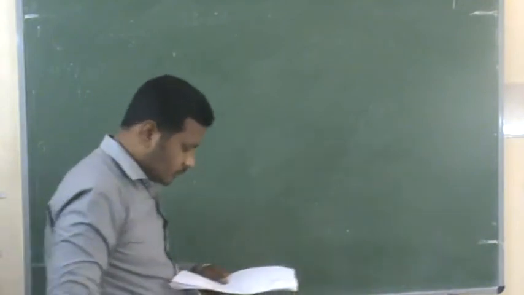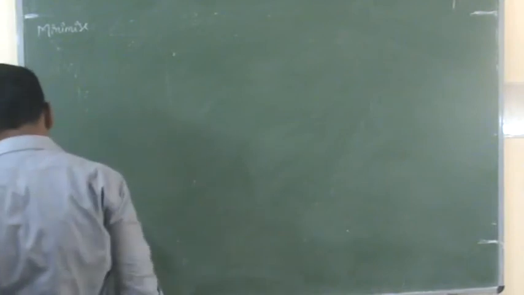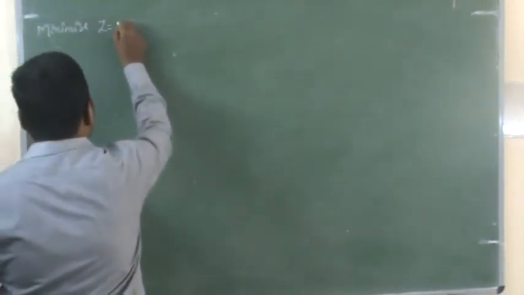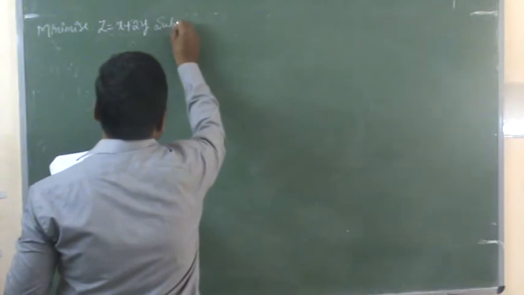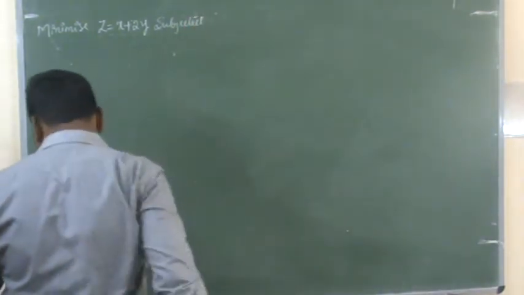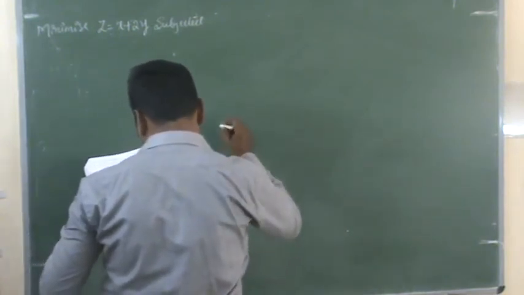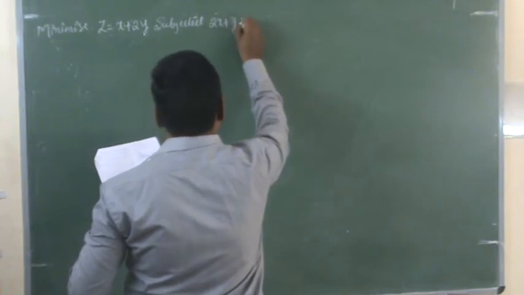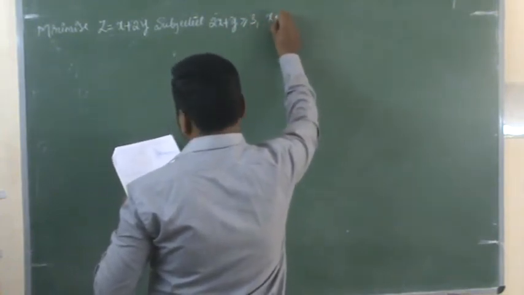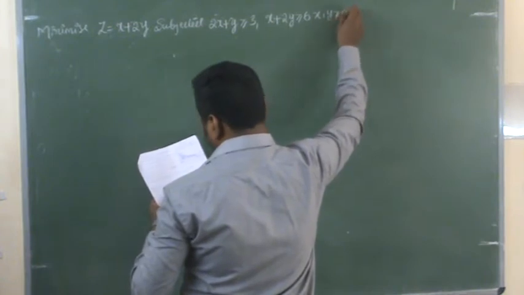Okay, here. Minimize Z is equal to x plus 2y, subject to the constraints 2x plus y greater than or equal to 3, x plus 2y greater than or equal to 6, x, y greater than or equal to 0.